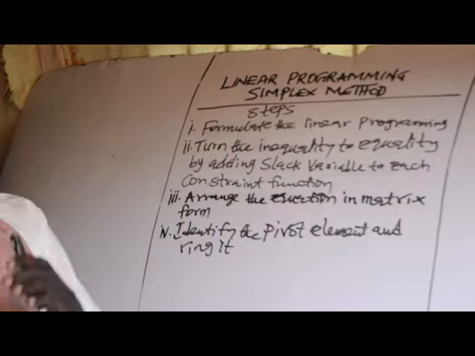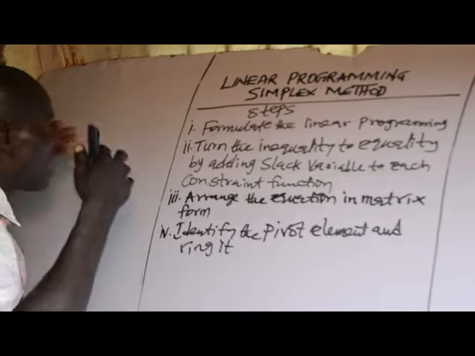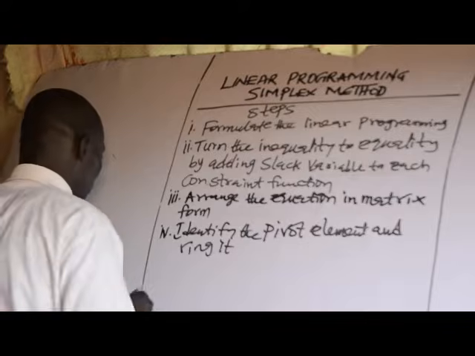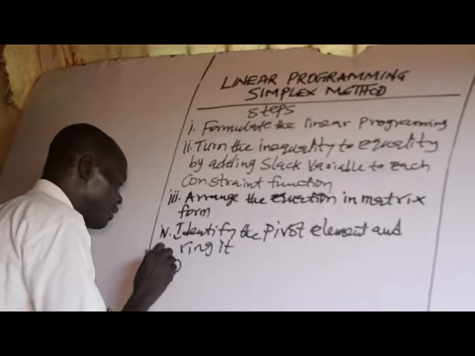Step 5: divide all the elements in the pivot row by the value of the pivot element.